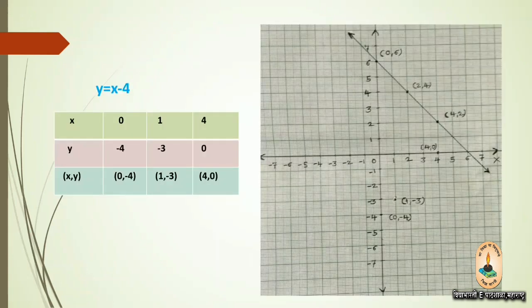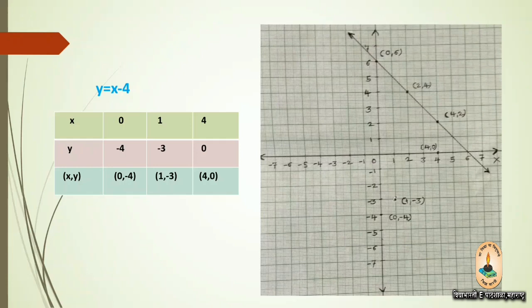Then consider the second equation y equal to x minus 4. For this equation, we plot the points. The points are 0, -4. This point lies on the y-axis below the origin. 1, -3 lies in the fourth quadrant as shown in the figure.